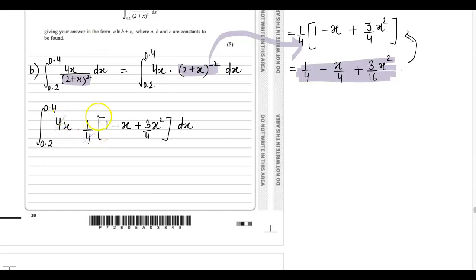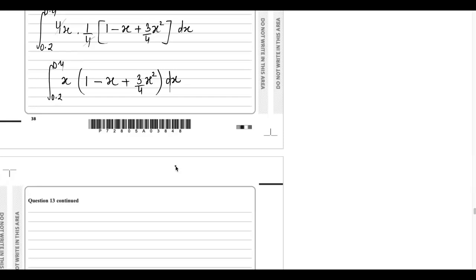So we're going to be having the limits copied as it is. We're going to be having x, and inside the bracket we will have 1 minus x plus 3/4 of x squared dx. If we expand that, what do we get?